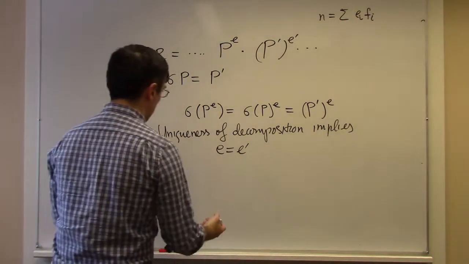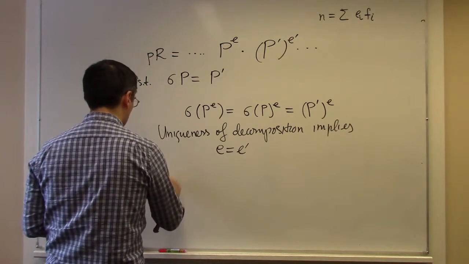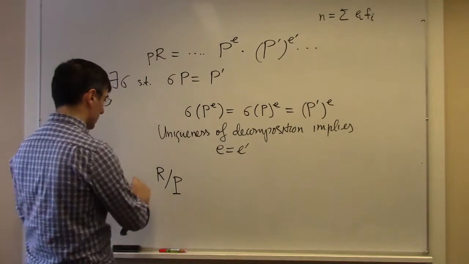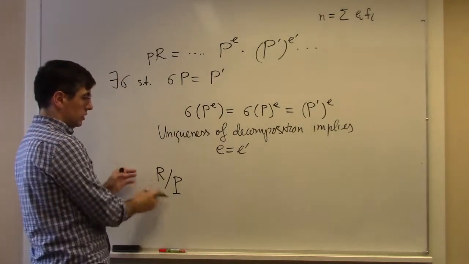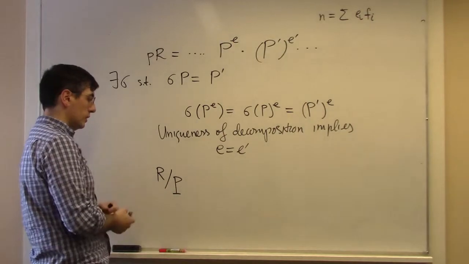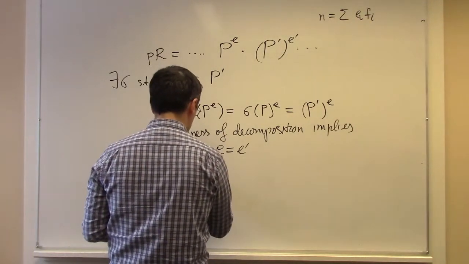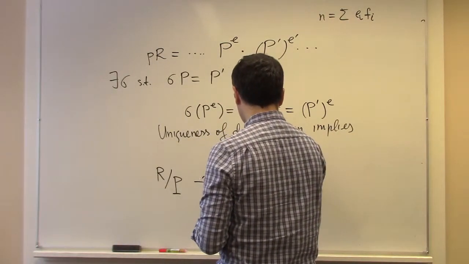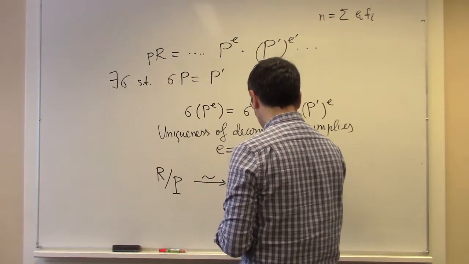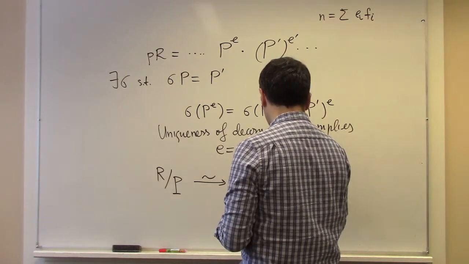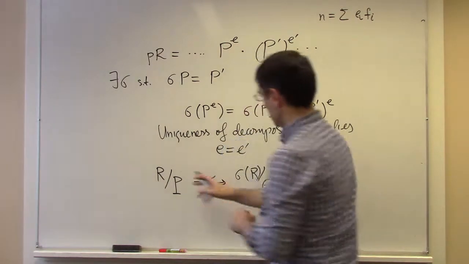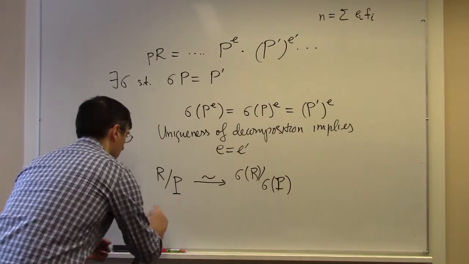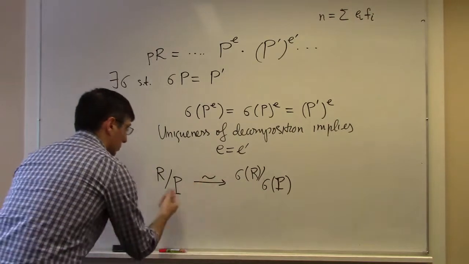And as for the inertial degree, you have R mod P. Again, you can apply sigma. This is the quotient ring, or quotient field. Since sigma is an automorphism, what is it?